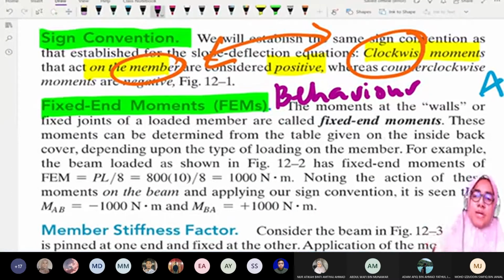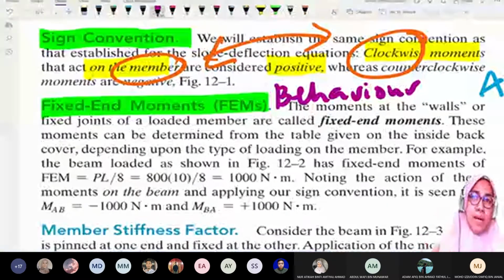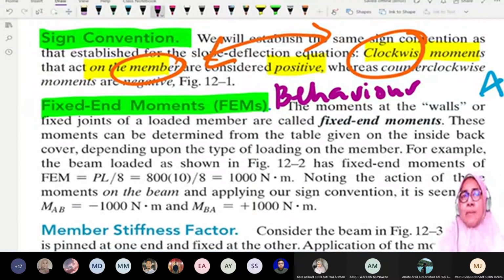We put moment to counter back, and then only we compare with the member end moment direction. That is why for member fixed end moment we get one negative, one positive. Okay, tengok jap yang tadi ni.